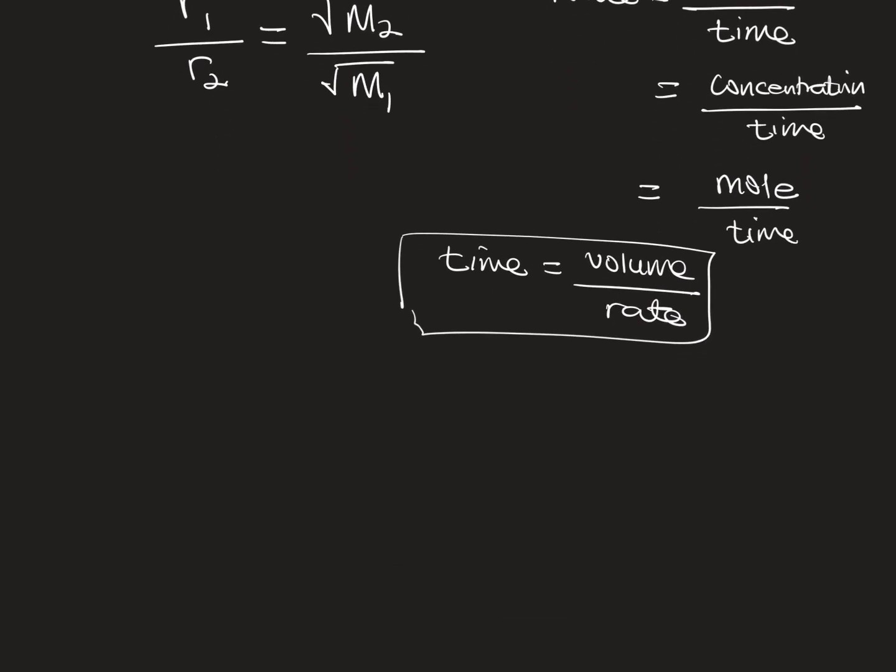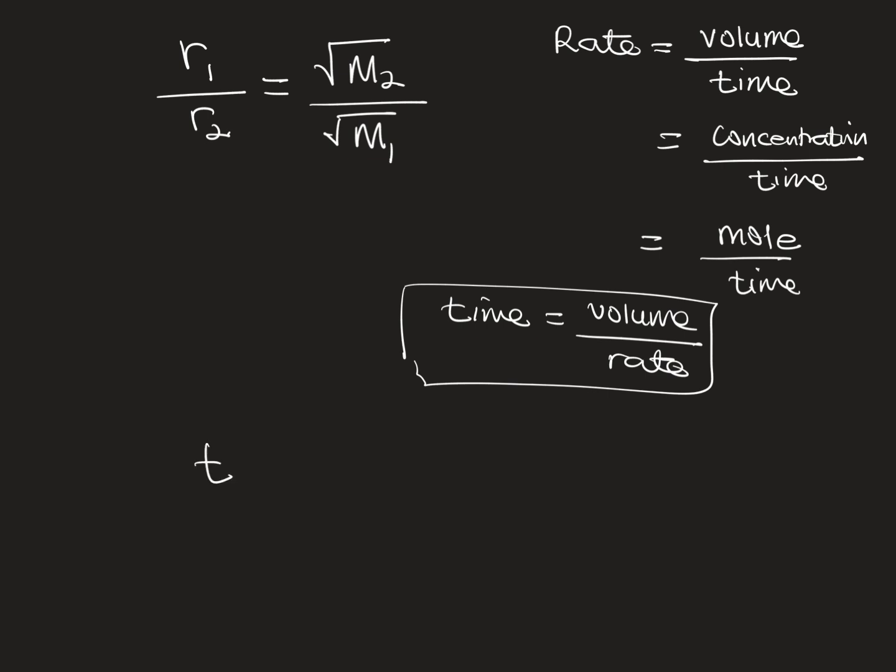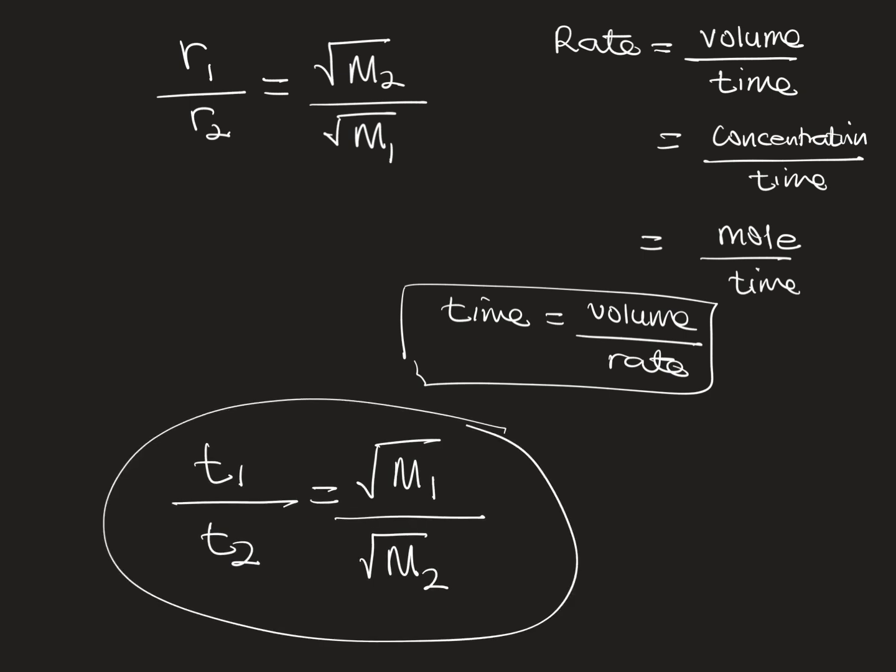So that is, we will have time 1 all over time 2 is equal to the root of M1 all over the root of M2. Okay? This is also an important formula to consider.